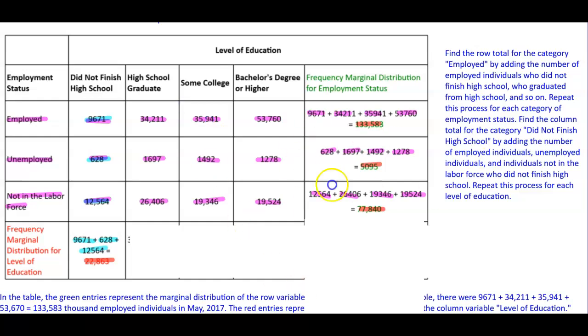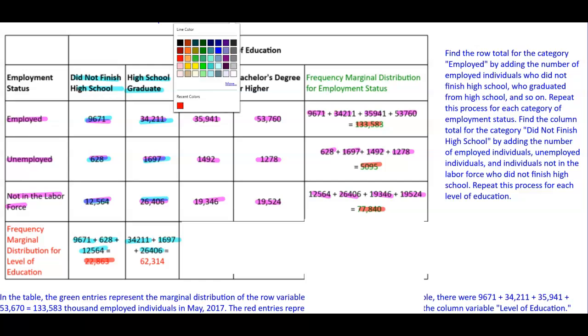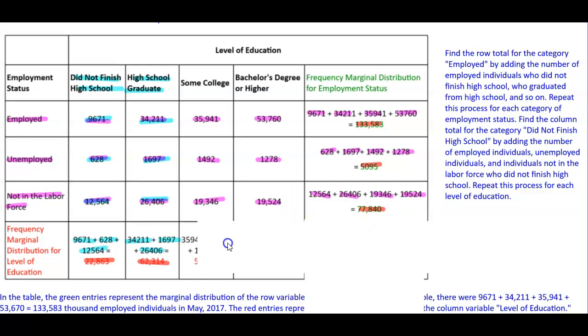Okay, likewise, we're going to look at the column for high school graduates, and we're going to add up these values. So we get 34,211, 1,697, plus 26,406. And so that gives us a total of 62,314.